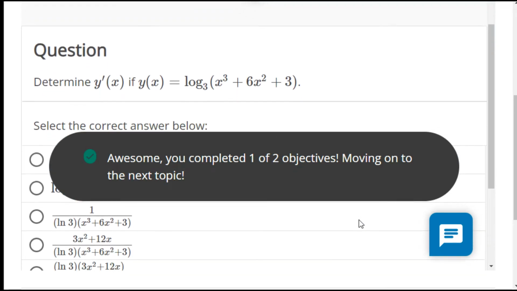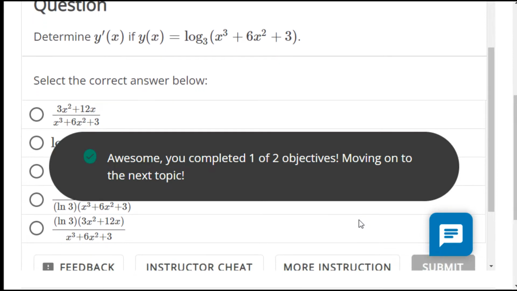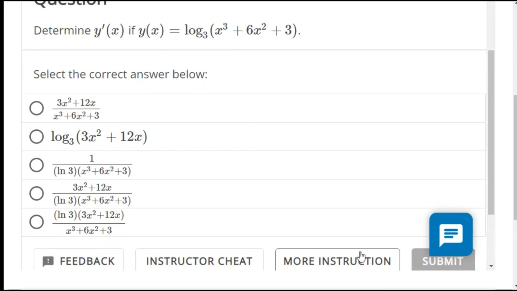Okay, here we go. So now there's some different logarithm bases than the natural base. But the only derivative that we know is how to differentiate the logarithm when it is the natural base.